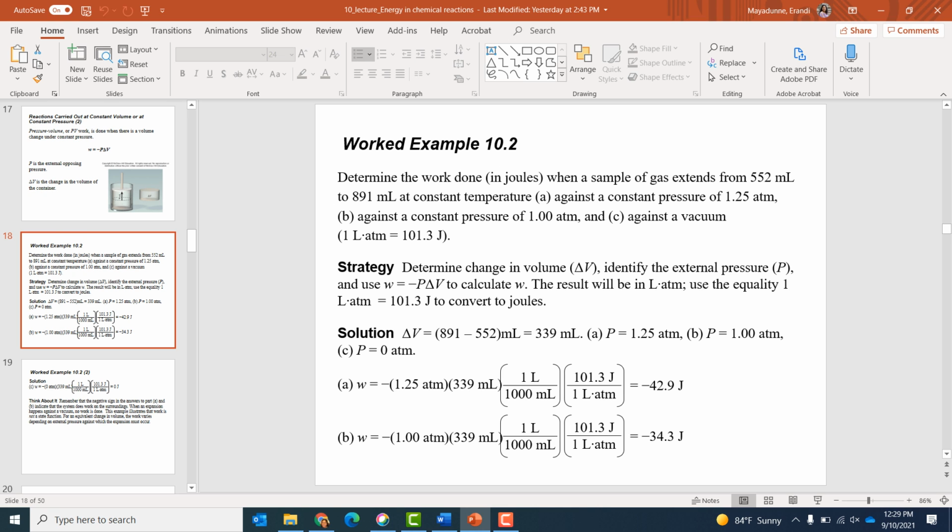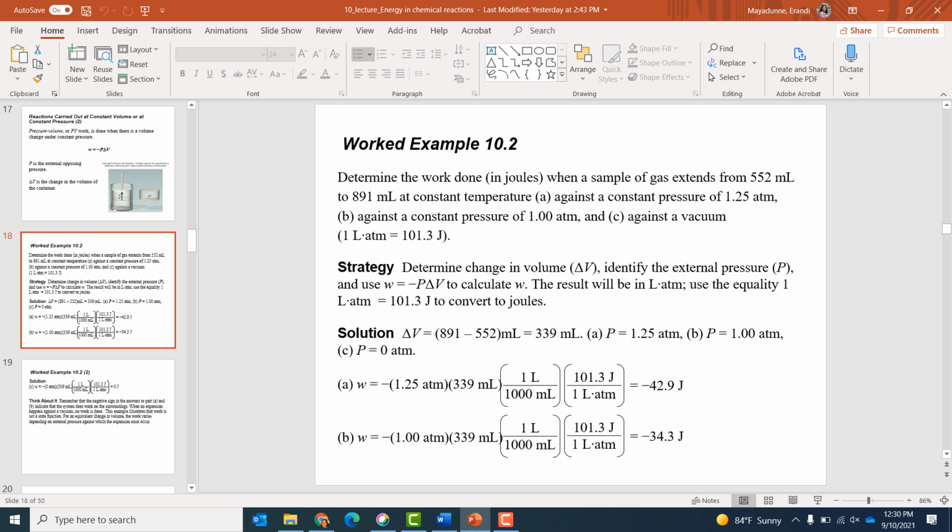But you can't do that directly, because there's a unit conversion. What is the unit conversion? They ask for the work done in joules, but I have atm here. One liter atm is this many joules.